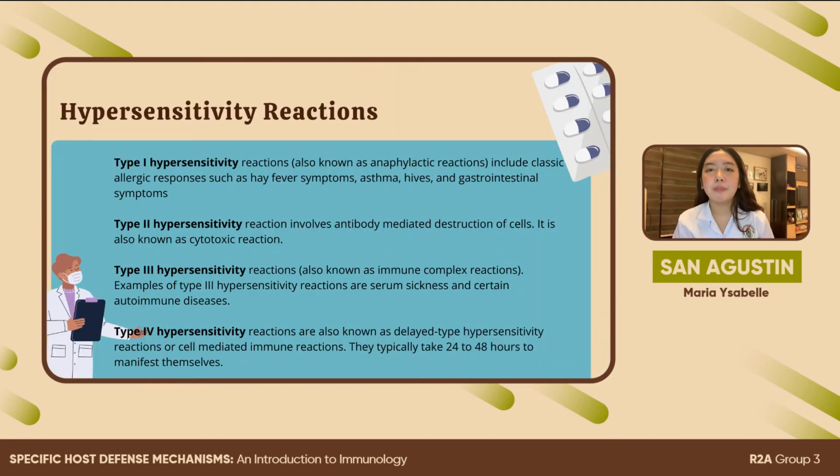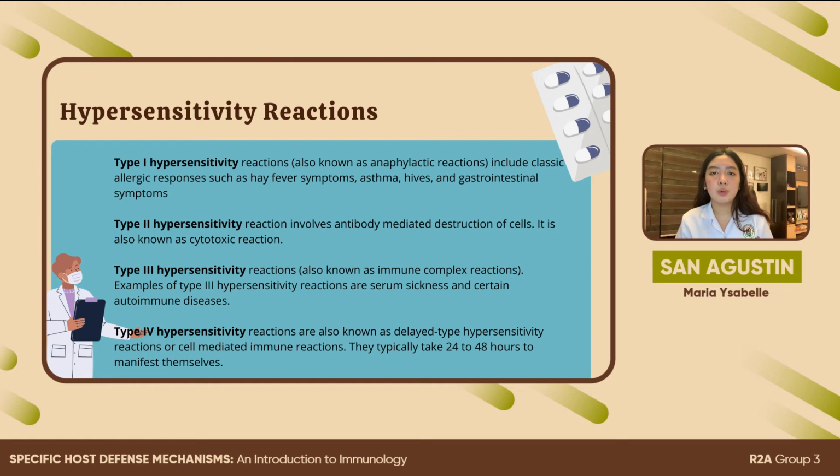So the type 1 hypersensitivity reactions, also known as anaphylactic reactions, include classic allergic responses such as hay fever symptoms, asthma, hives, and gastrointestinal symptoms that result from food allergies or allergic responses to insect stings and drugs, and anaphylactic shock. So the type 2 hypersensitivity reaction involves antibody-mediated destruction of cells.